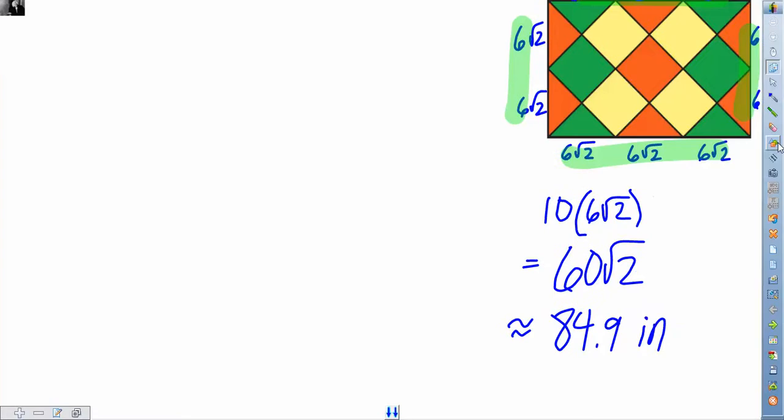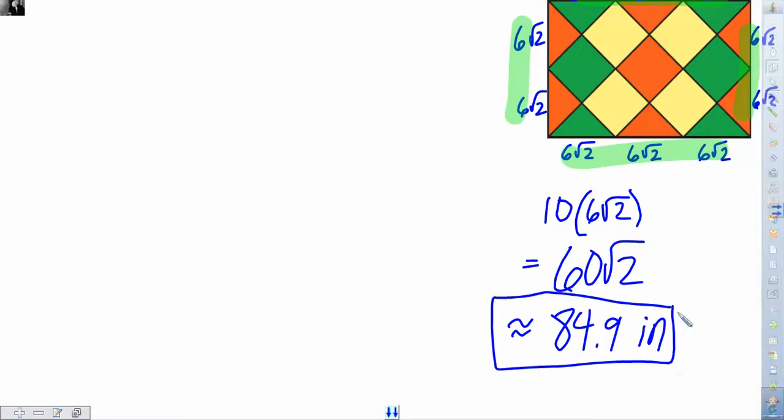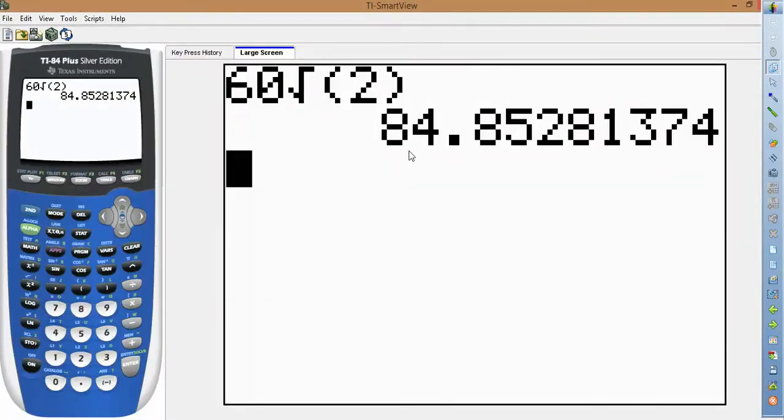Just 84.9 inches. Okay, here's one thing I do want to go on a little mini rant about here, and to be cautious about, and that is rounding answers too soon to get to your exact answer. Do you notice that the only time that Mr. Cook actually rounded to get to an answer was right here at the calculator part?